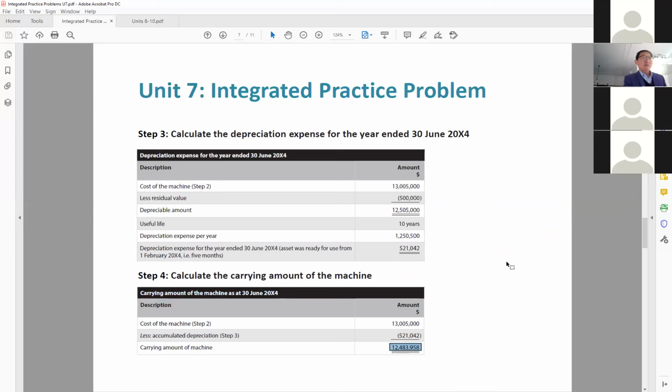The amount at the end of X5 is going to be this amount, less another year's worth of depreciation. We calculate that this is the depreciation for the entire year. The machine was operating for the entire year in X5, so we deduct this depreciation expense from this number to work out our carrying value as at X5.